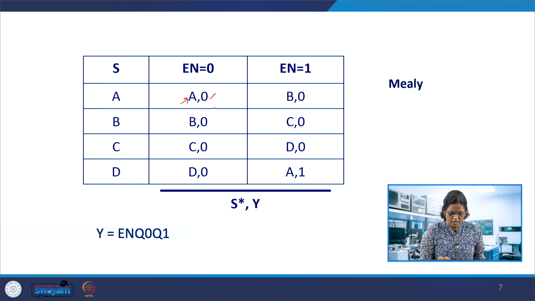So this is the next state and the corresponding output here, for B, C and D as well. So the outputs are mentioned along with the next states. Okay, so this is for the Mealy machine.